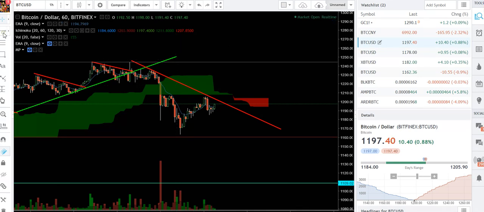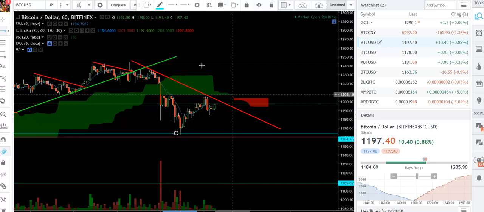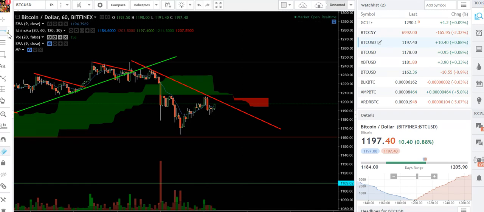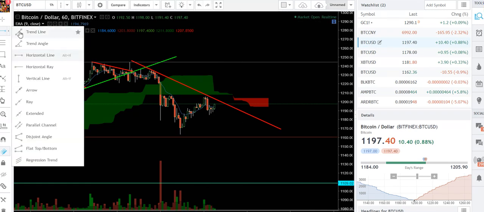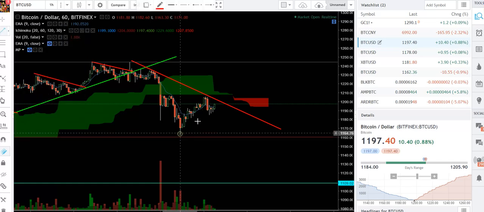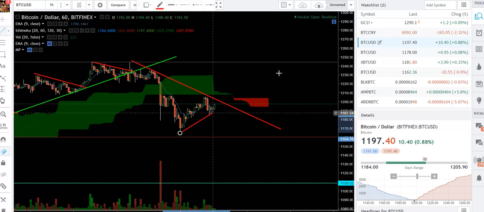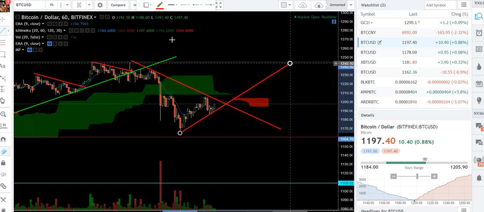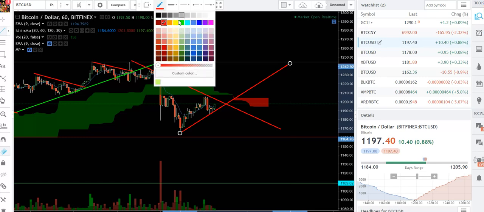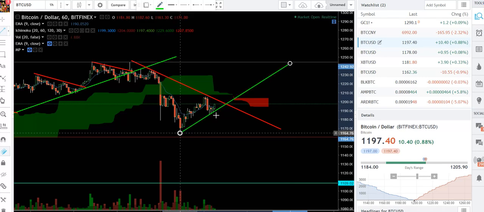Now, if that happens, if this thing pops up right here and gets really bullish and gets above this cloud, then we could start looking at it like this, where we want to start taking measurements of higher lows. I mean, if this was a low and this was a low, so if this thing pops up now, then we can draw a support trend on it and say, okay, well, we got 2 points of reference.